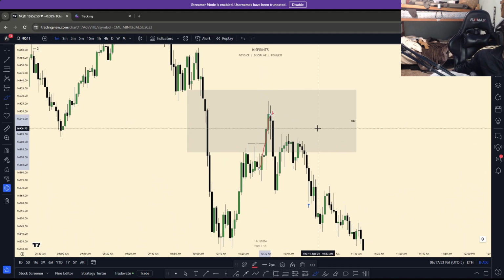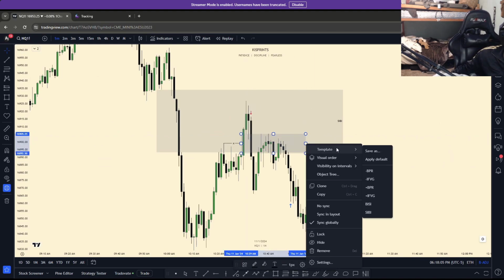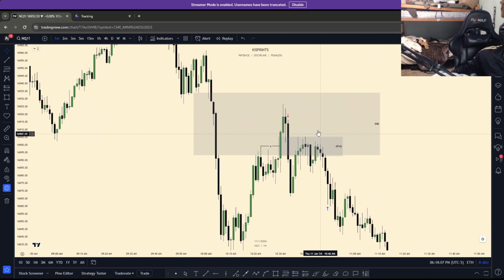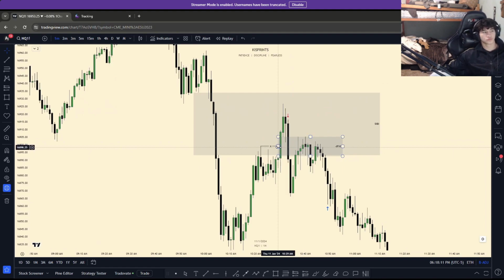If you want a high probability entry, you want the liquidity sweep leg to have an imbalance. Now this imbalance was respected to the downside and turns into an inversion. And when price closes below the BISI, it confirms bearish order flow.